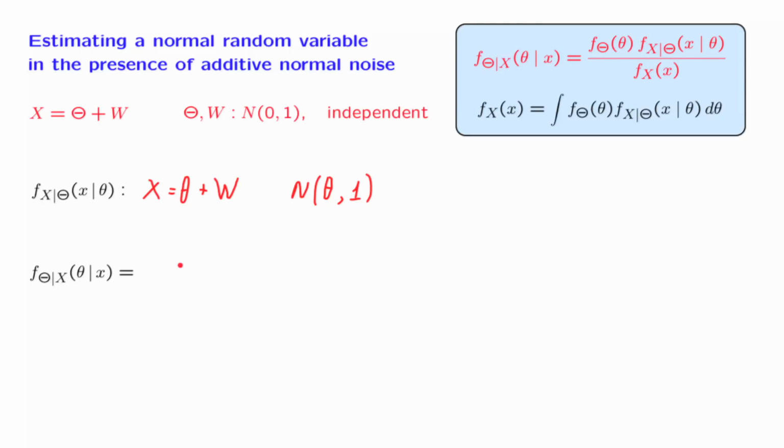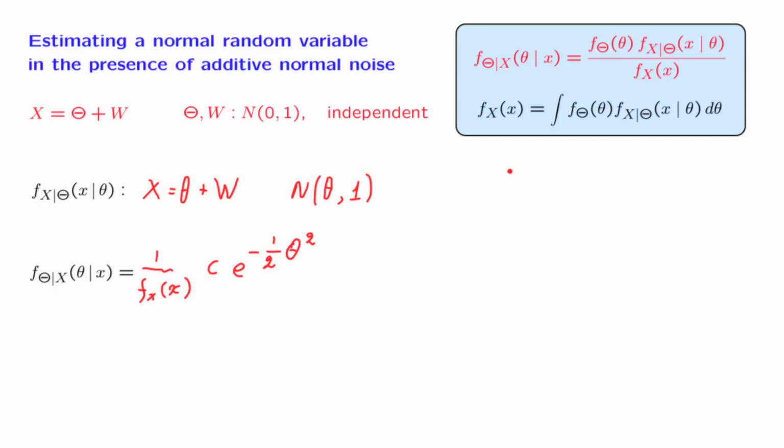So we have the denominator term, which I'm writing here. And then we have the density of theta. Since it is a standard normal, it takes the form of a constant times e to the minus theta squared over 2. We do not really care about the value of that constant. What we care really is the term in the exponent.